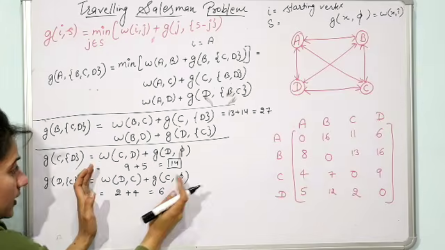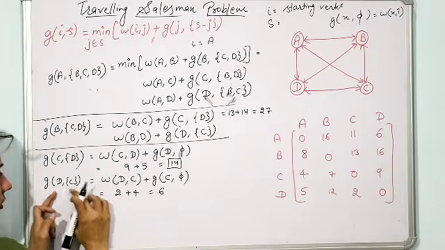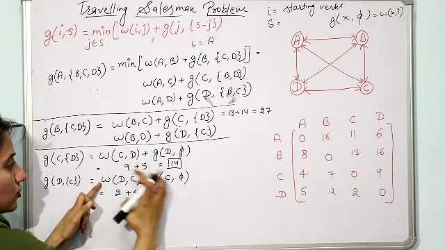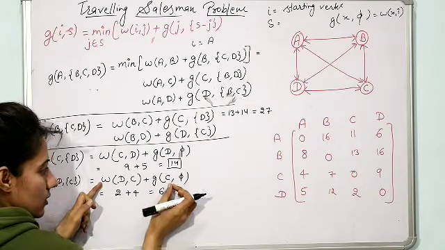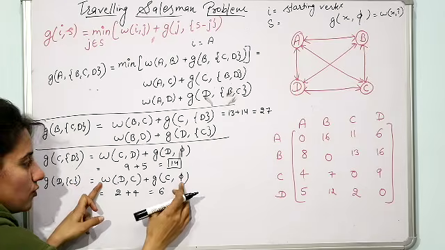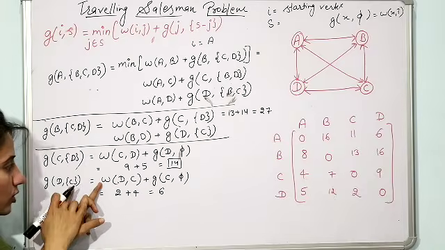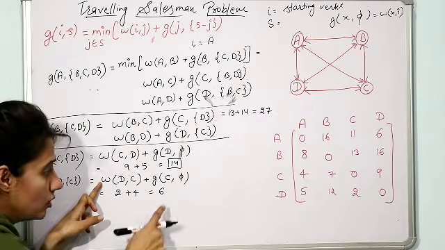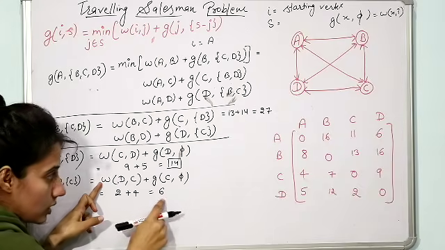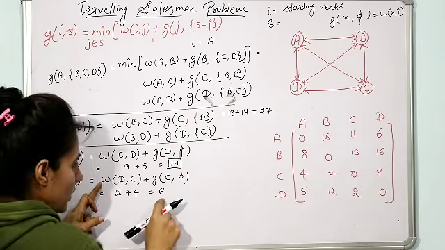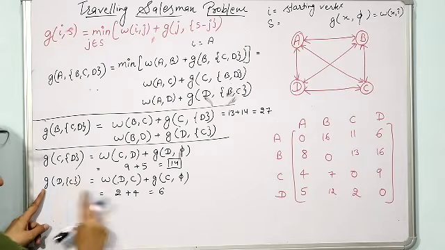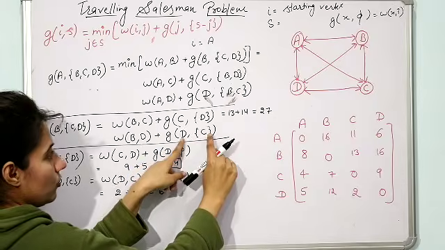Okay. See, in this case I have only one choice. We have to take the minimum, but in this case we have only this one choice because we have selected C. In the set, what do we have? Only one variable, so we can select only one. That is why I am taking this 6. There is no minimum because we have only one value, so we have to take this 6. Okay. Now this one, G of D and C, we have got the value 6. We can put this value here.